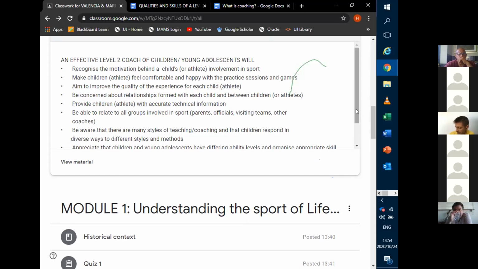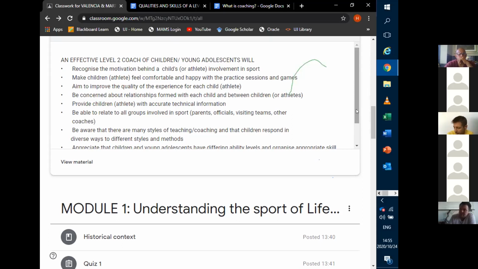Your aim is to improve the quality of the experience of each child or athlete, and to be concerned about relationships formed with each child and between children as well. When we speak about children, it's athletes too.